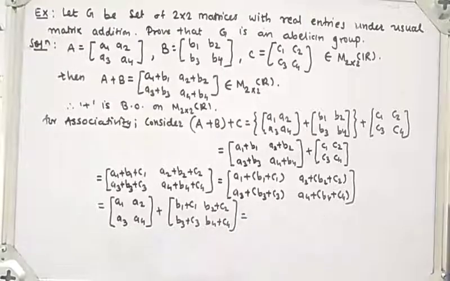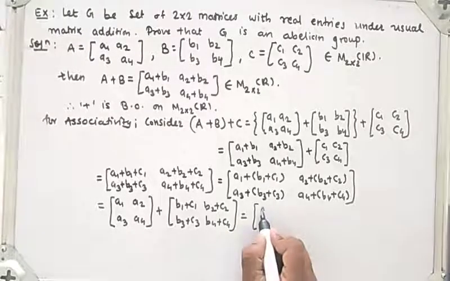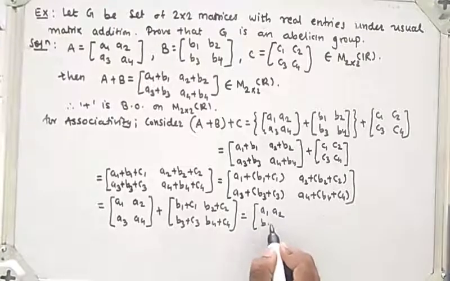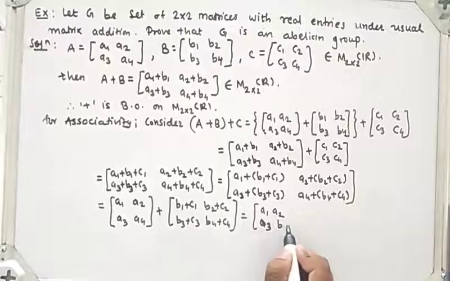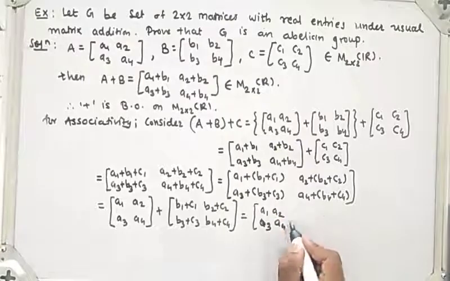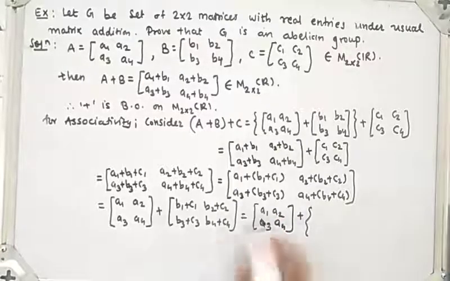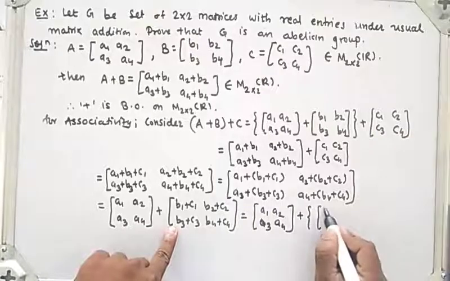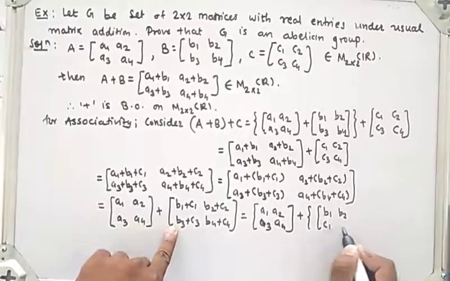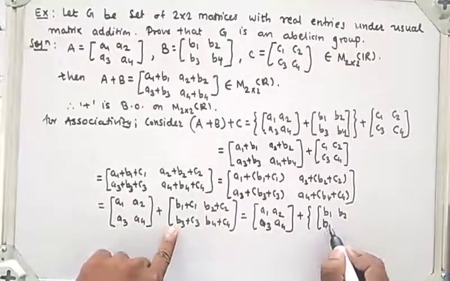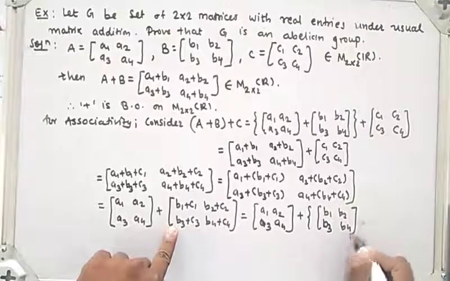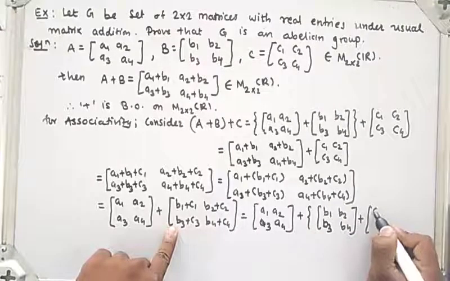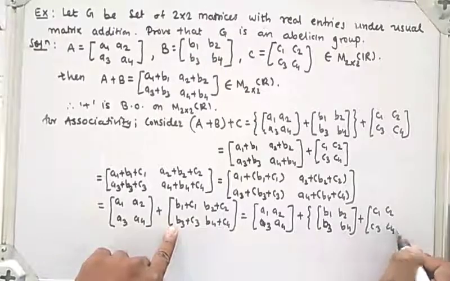So this can be written as, this is the first matrix a1, a2, a3, a4, and I will write separately here b1, b2, b3, b4, and here c1, c2, c3, c4.